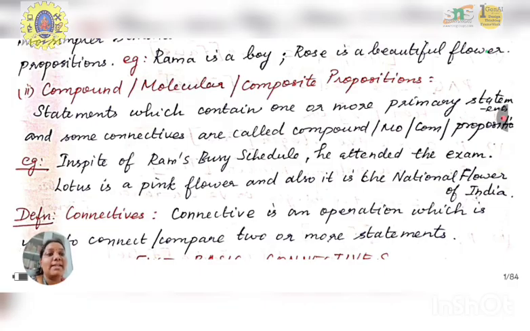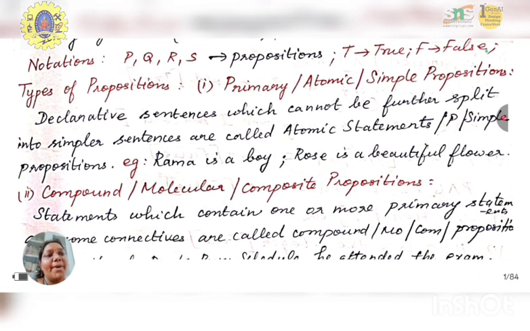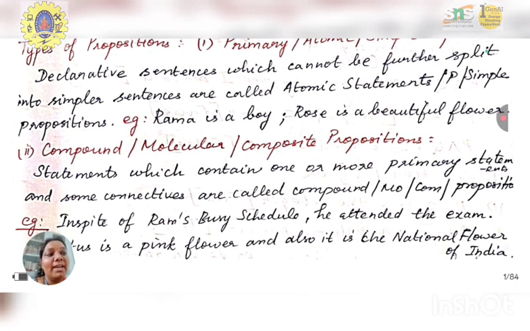We are combining the two sentences using and. So lotus is a pink flower and it is the national flower of India is a compound sentence. A simple sentence is a primary, atomic or simple proposition, and combining primary statements is called a compound sentence.